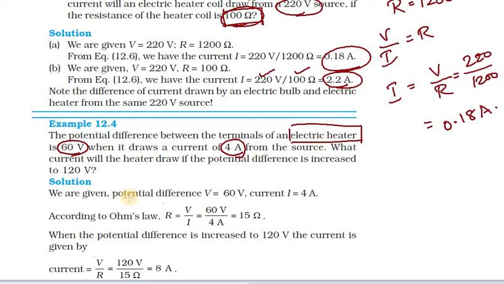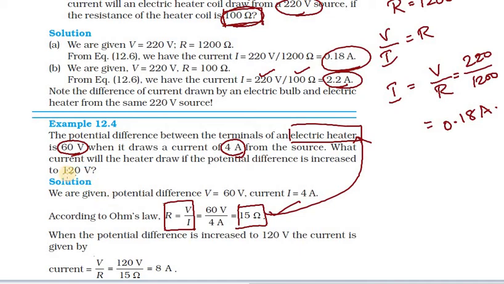R is equal to V by I. Substituting 60 by 4, you get the resistance of this electric heater to be 15 ohms. For the same heater, the resistance will be the same 15 ohms.